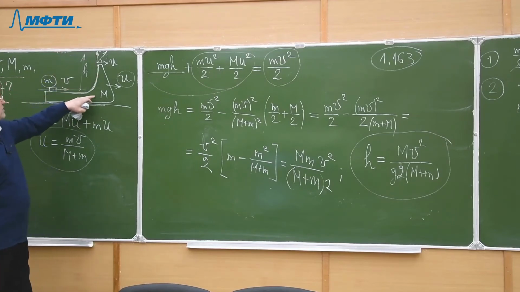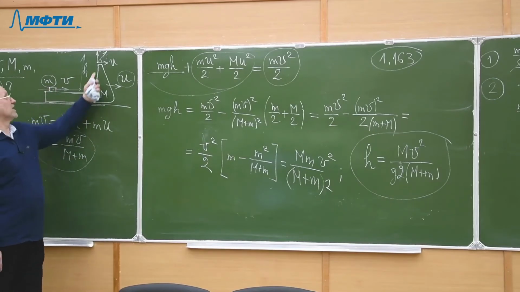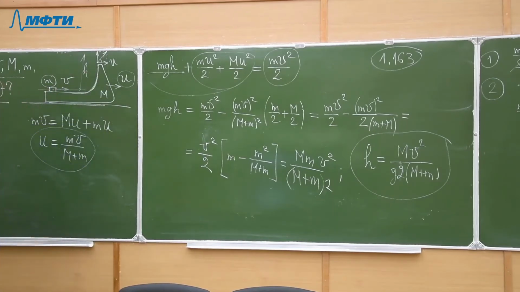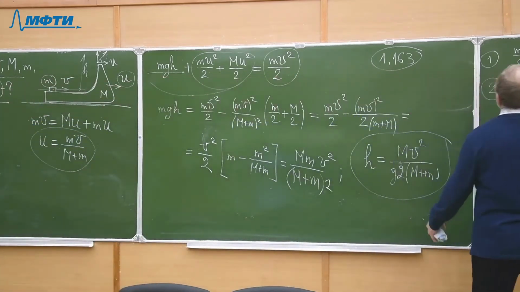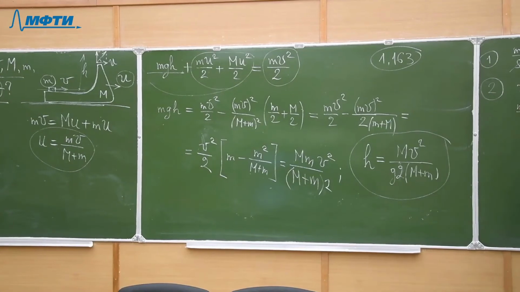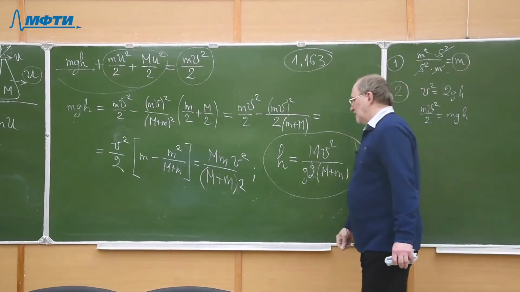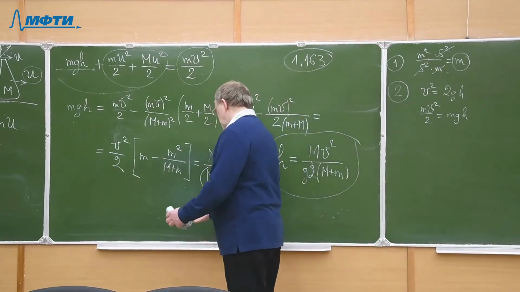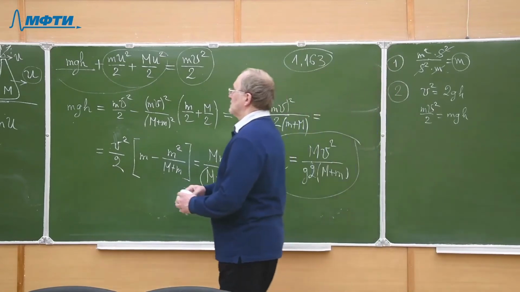If the mass tends to 0, then this small body will be unable to jump up. That's also clear, that's obvious. So the formula obtained satisfies all the criteria. It has the correct units of measurement, correct dimension, and it provides a reasonable physical meaning.